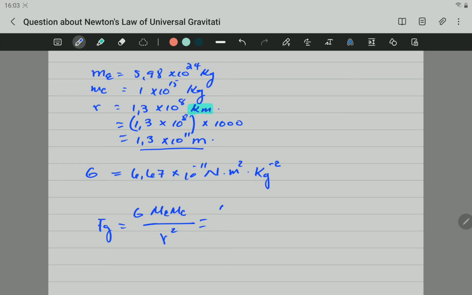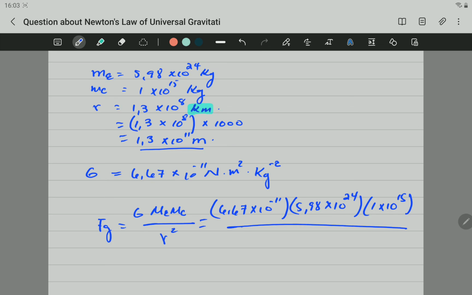If you substitute, you have 6,67 times 10 to the minus 11 multiplied by 5,98 times 10 to the 24, multiplied by 1 times 10 to the 15, divided by the distance, which is 1,3 times 10 to the 11, squared.